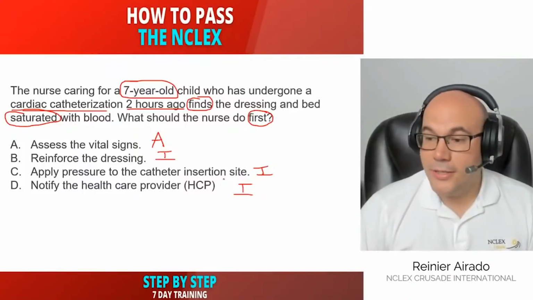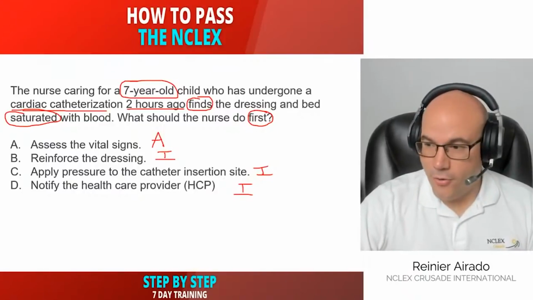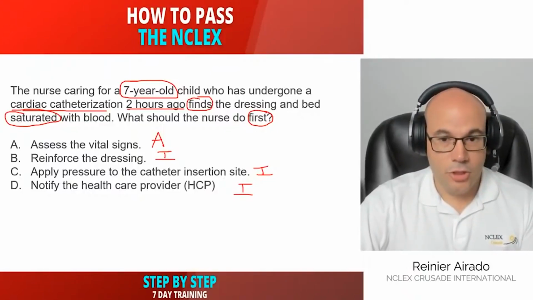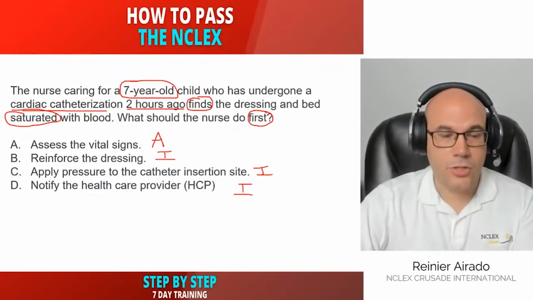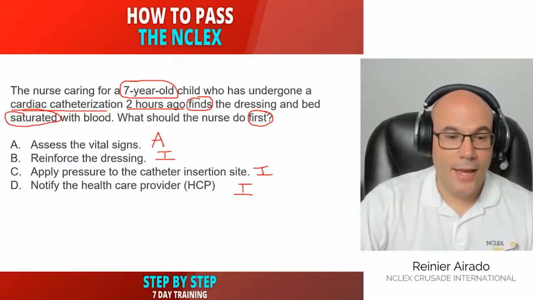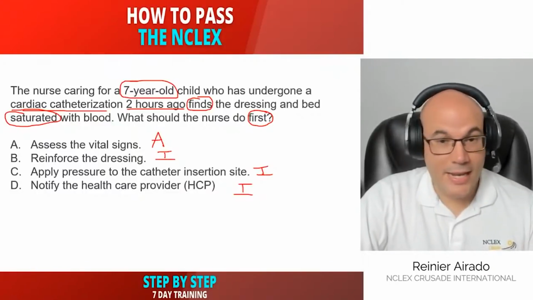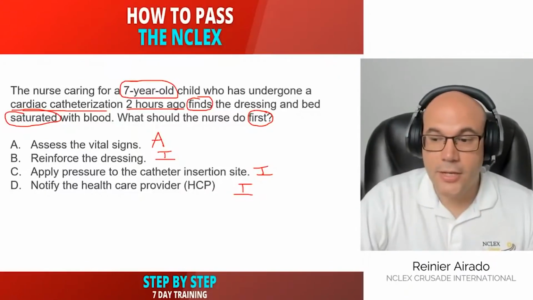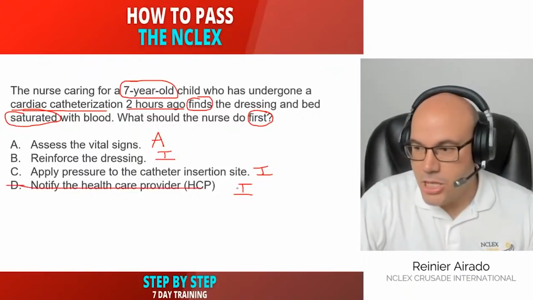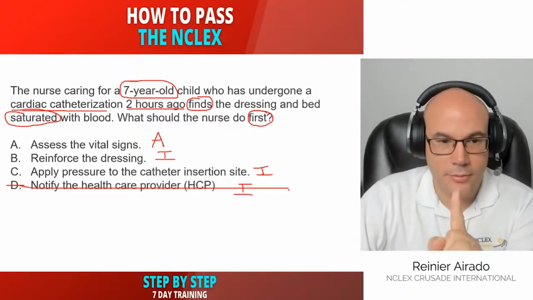In other words, in this scenario, if I do A, B, or C, do those answers help the patient? Yes or no? And yes, there is an answer that helps the patient. So therefore, calling the doctor is not my first intervention.